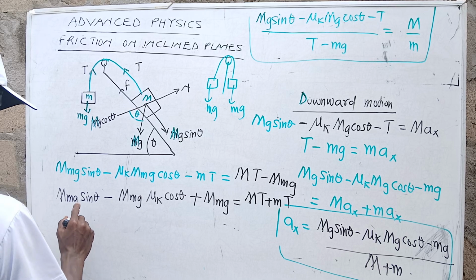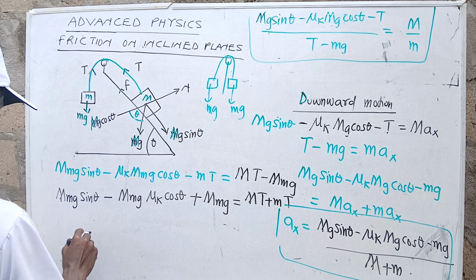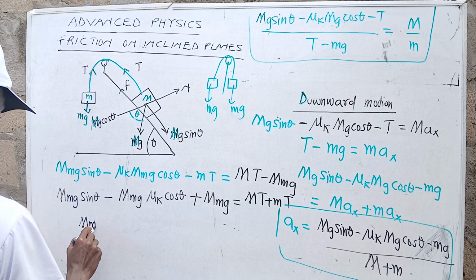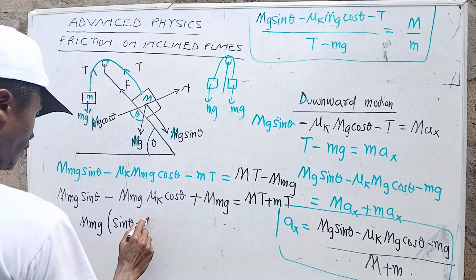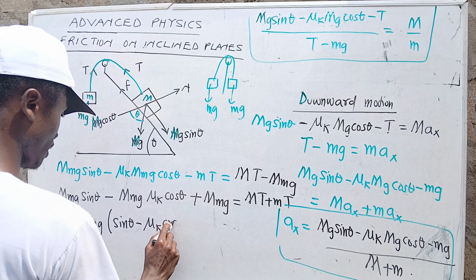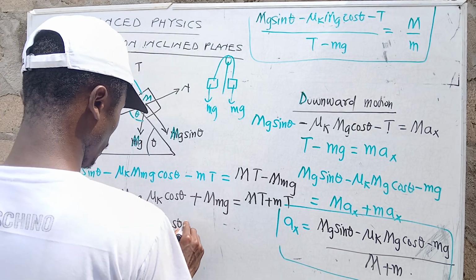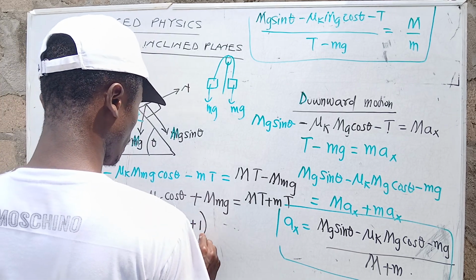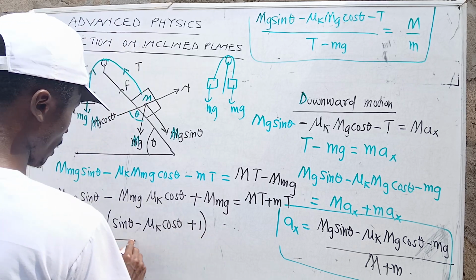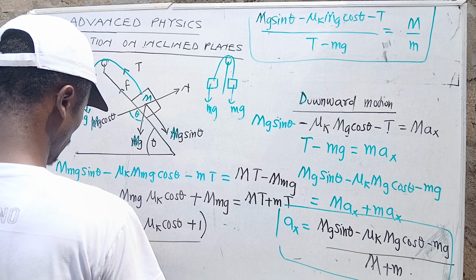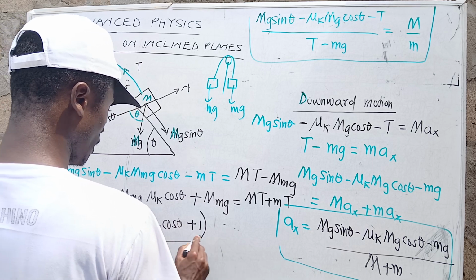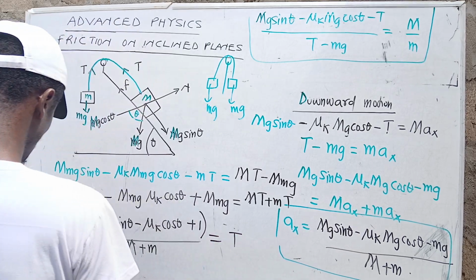So capital M small m g out. For that matter, we have capital M small m g into bracket, we have sine theta minus mu k cosine of theta plus 1, divided by, if you factorize T out, capital M plus small m. That will be equal to the tension.